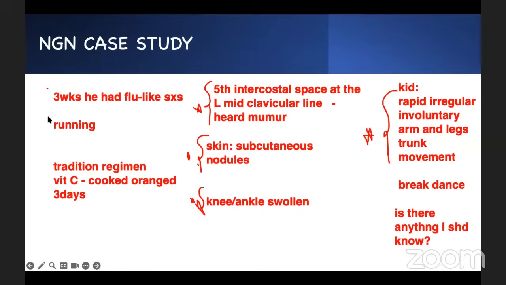And of course, this is your clue. So this is the problem. And so what is your diagnosis? And what are you going to do with this patient? I'm not telling you. So the problem is the problem. What is the problem? Diagnosis.